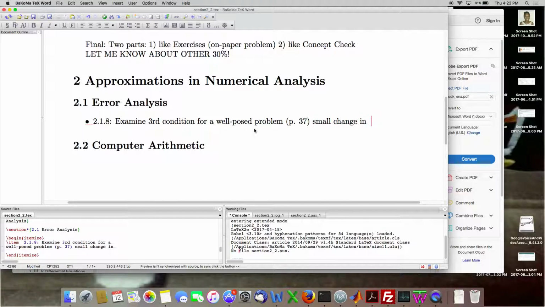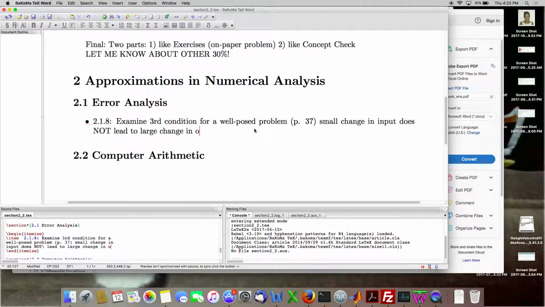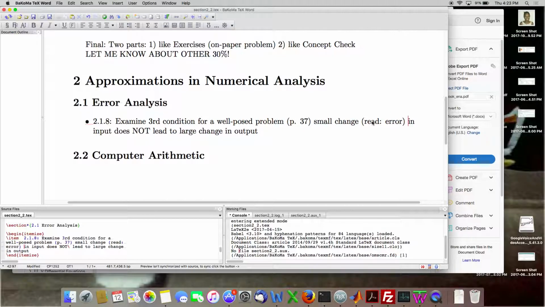A small change in the input does not lead to a large change in the output. By change, how you should interpret that is error. We're not talking about having solved this one problem and now solving a slightly different problem.